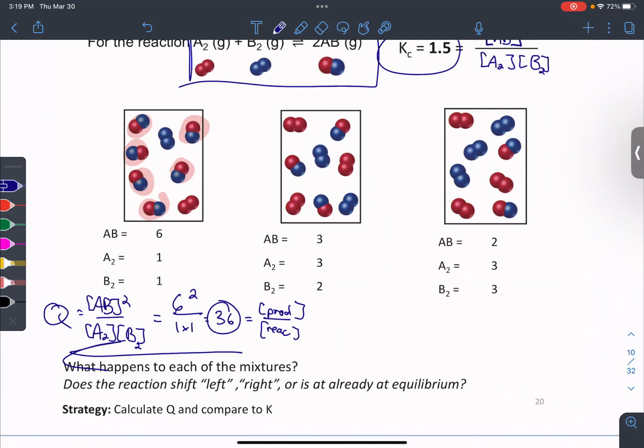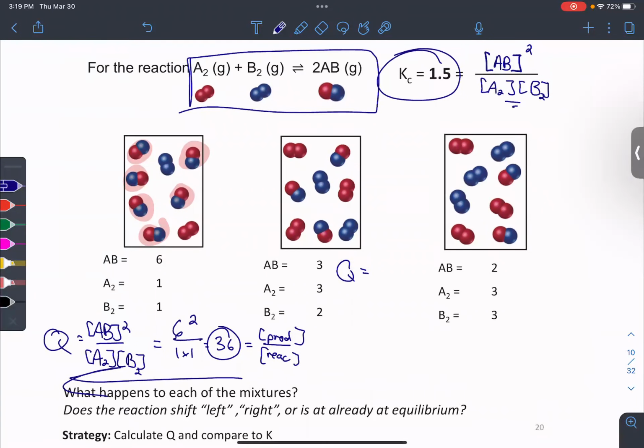Okay, so let's keep going. What is Q for this second picture? Can you do the math? Again, products over reactants, make sure you're using the correct K expression. Can you do the math in your head? It's 9/6, which is also equal to 1.5. So what does that mean? It means nothing? This reaction does nothing? No. It means that we have the perfect amount of reactants and the perfect amount of products already.